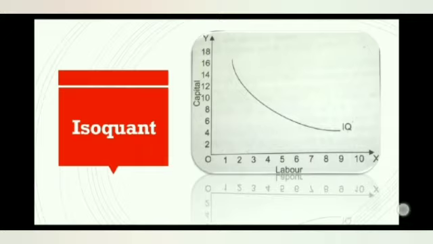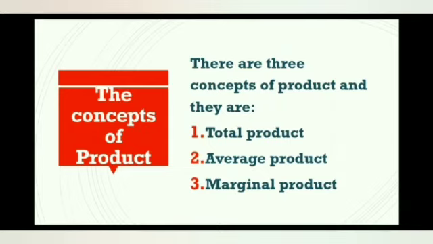Next, the concepts of product. The three concepts of product are total product, average product and marginal product. Total product refers to the total volume of goods and services produced by a firm with a given input during a specified period of time.